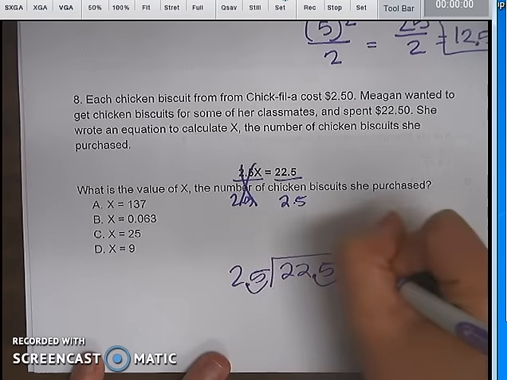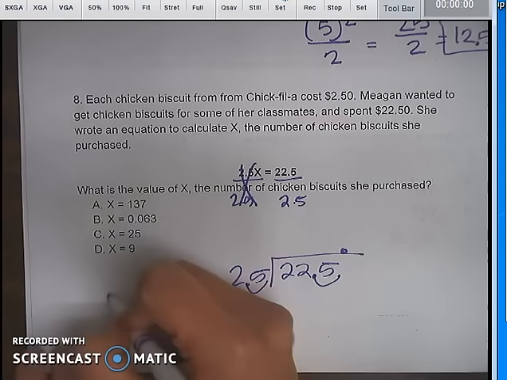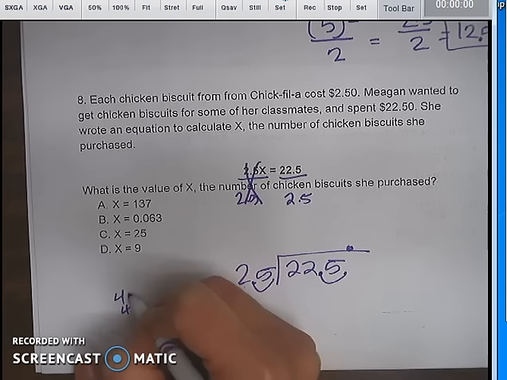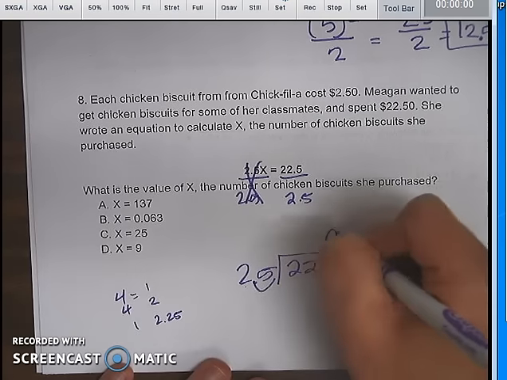Outside, inside, up. Okay? Well, how many quarters would it take for you to have $2.25? Well, $1 would be 4, $2 would be 4, plus one more would be $2.25. So it would be 9 quarters.